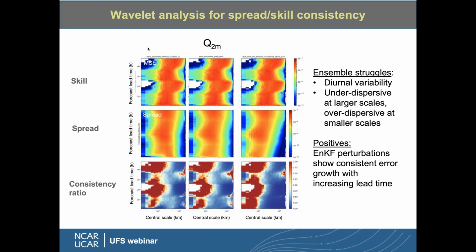If you move from left to right along that middle row with spread, you can also see, in terms of increasing time from the bottom to the top, that the first two types of perturbations, random and Schreff perturbations, aren't really growing much over time as the forecast integrates, whereas the flow-dependent ensemble Kalman filter perturbations do seem to show a fairly consistent growth rate with time. So there's definitely some interesting differences between these, but we're still trying to make sense of this in this study. But we feel like this tool is definitely giving us more insight than we had before.